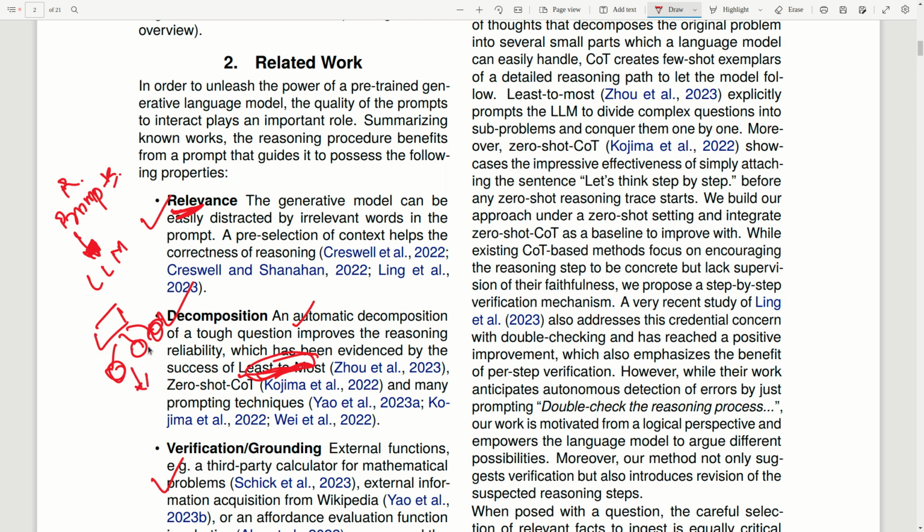Grounding external functions is also a way, such as a third-party calculator or information acquisition from other sources like Wikipedia. You can see these things enhance the meaningfulness of generation and reasoning. One good try was Toolformer. Toolformer was a paper released around 3-4 months back.